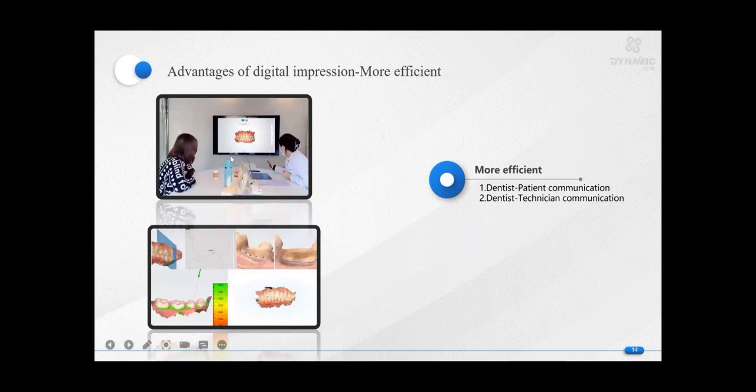You could see from the first image, after we have taken the digital impression of the patient, replacing the verbal expression with visual expression makes it easier for doctors to interpret and easier for patients to understand. This can greatly increase the communication efficiency between doctors and patients.